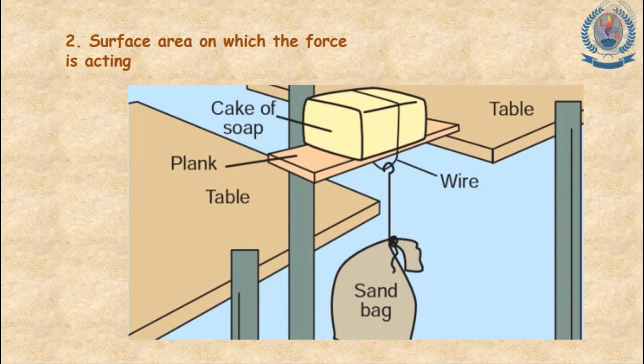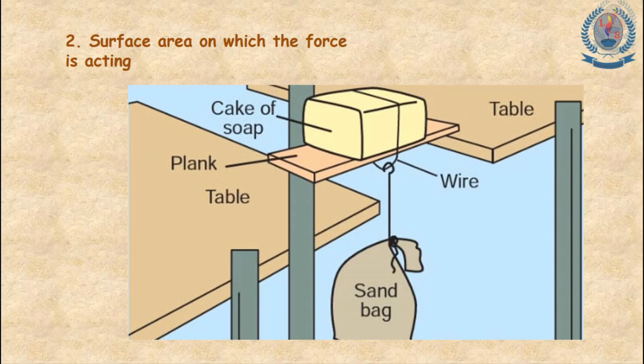Okay, so here the same weight is used in both instances. You did not change the weight, kids. But the thing you change is what? The area of the wire. Okay, we used a thin wire as well as a thick wire. So the force exerted on the cake of soap was the same in both instances. We changed only one factor, that is the surface area.